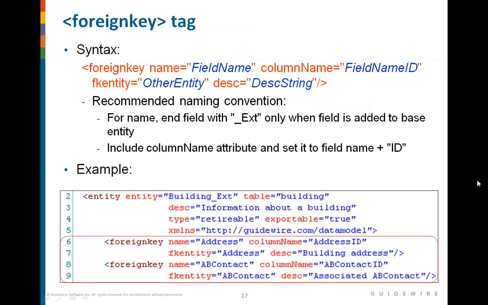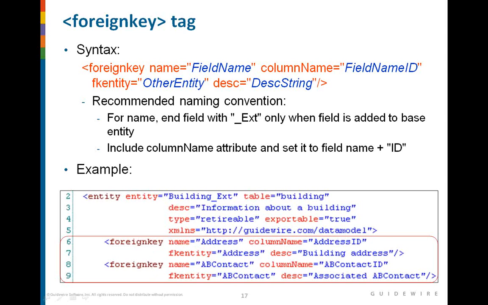If you say foreign key name equals address and column name equals address ID, then in the database you will see the field name as address ID. By seeing this name, you can understand it is a referenced field from another entity. The name itself says address entity ID. So FK entity equals address. FK entity is nothing but foreign key entity.